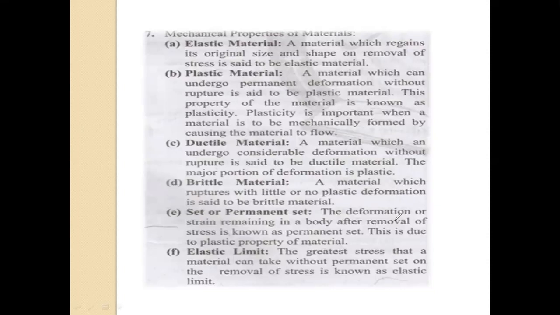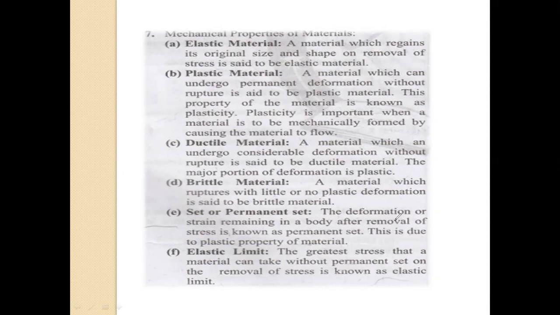Then the next, third property is ductile material. A material which can undergo considerable deformation without rupture. So deformation occurs but without rupture. This is called ductile material.